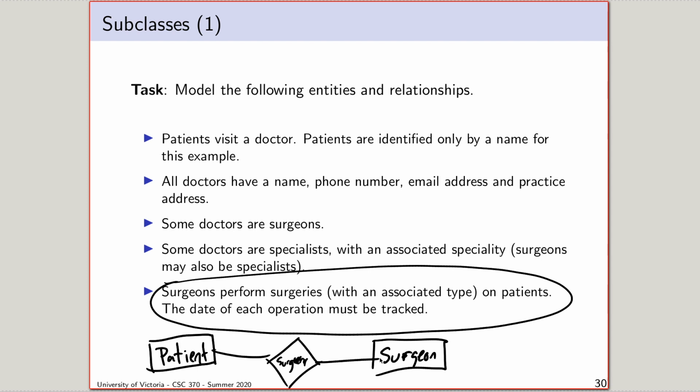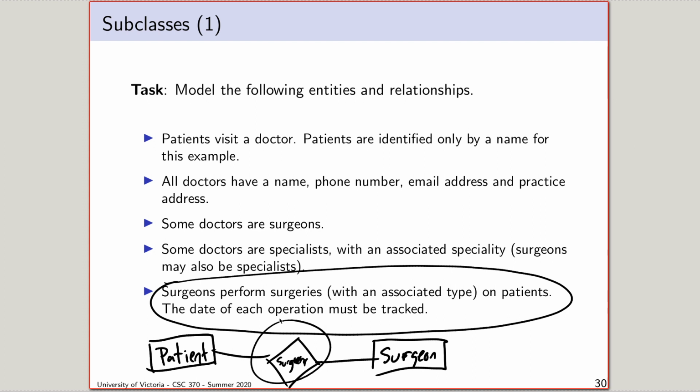But doctors are surgeons, but not all doctors are surgeons. So what do we do about that? We need some way of representing that a doctor could be a surgeon or not, but we also need some way of making sure that arbitrary doctors that aren't surgeons don't get involved in this. And so we need something a little bit more powerful than what we already have.